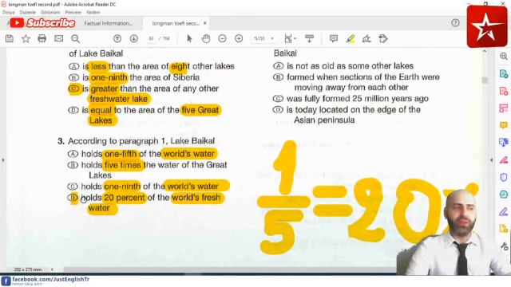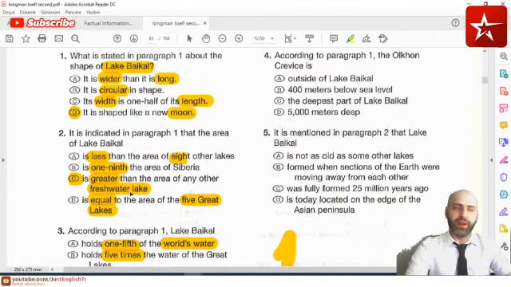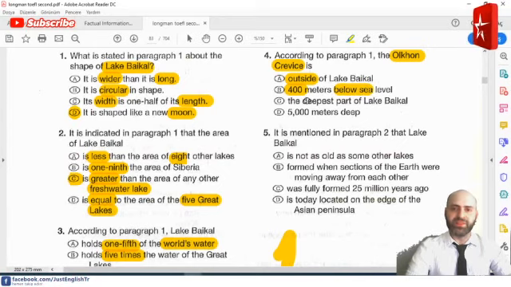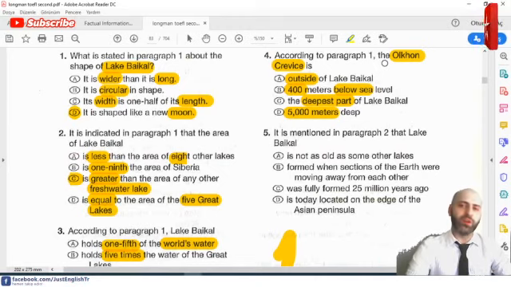Let's see what we have in question 4. According to paragraph 1, the Olkhon crevice is outside Lake Baikal, 400 meters below sea, the deepest part, or 5,000 meters deep. So I'm looking for Olkhon crevice and I should check.